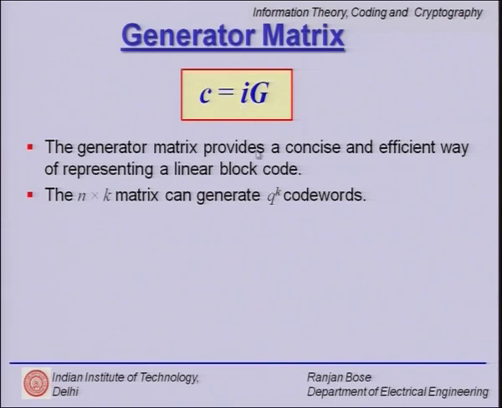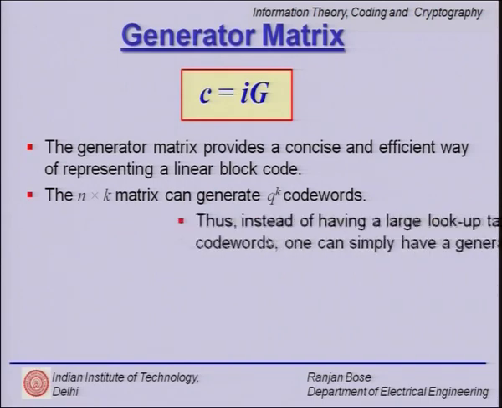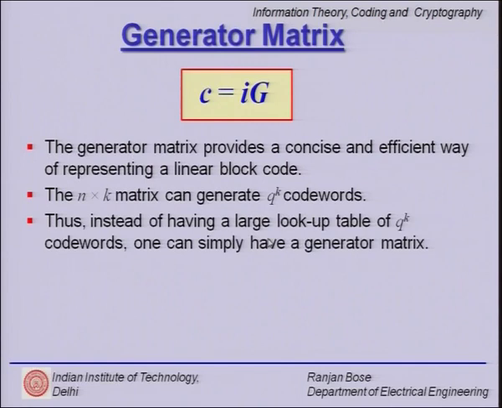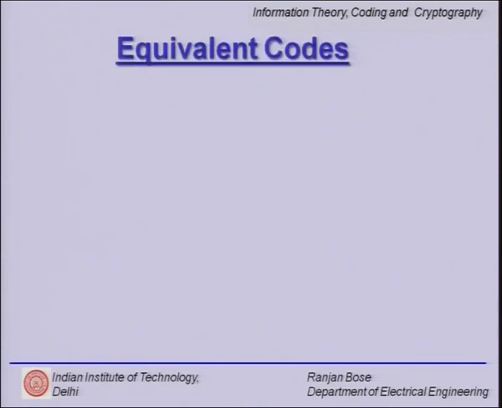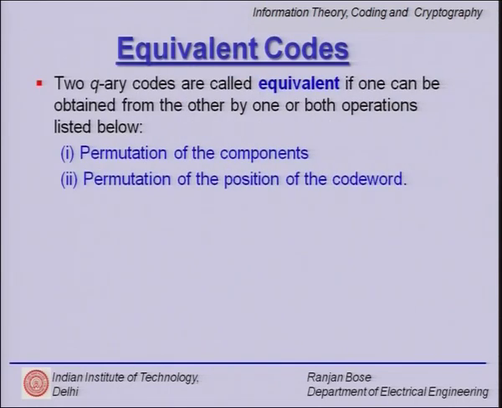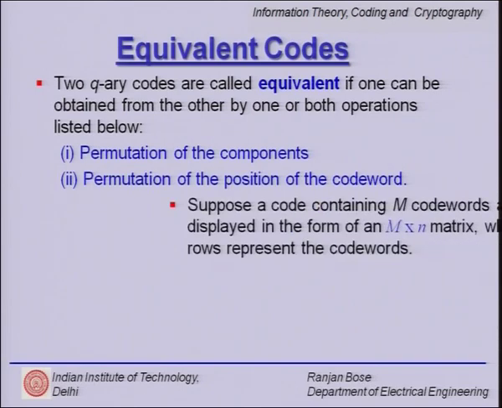It is also a very concise way to represent your linear block code. So, the G matrix is a k cross n matrix and it can generate q raised to the power k code words. This will do away with the problem of putting it in a very large lookup table. Then we looked at the notion of equivalent codes and we defined that two q-ary codes are called equivalent if one can be obtained from the other by permutations of the components and permutations of the position of the code words.